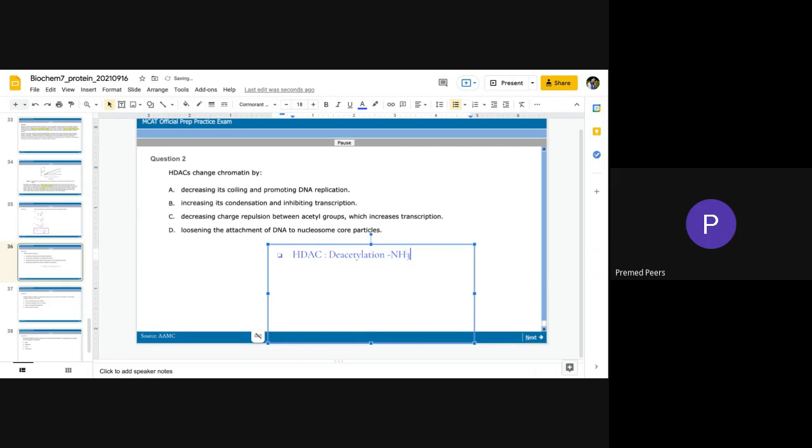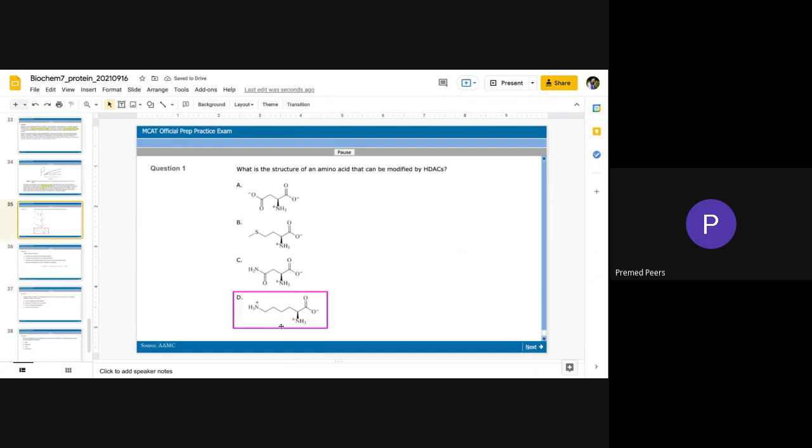The amino group that originally looks like NH with an acetyl group, when that acetylation is removed, returns to the free amino group, like the one that we just saw in the previous question.